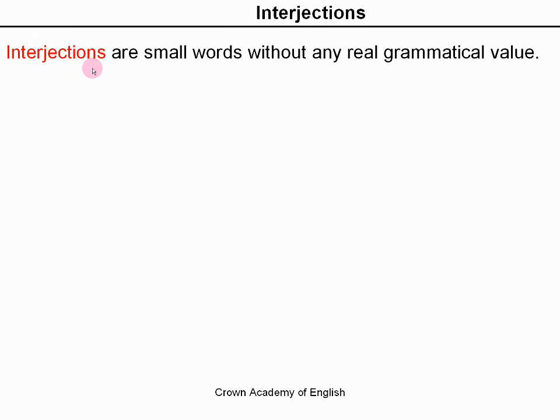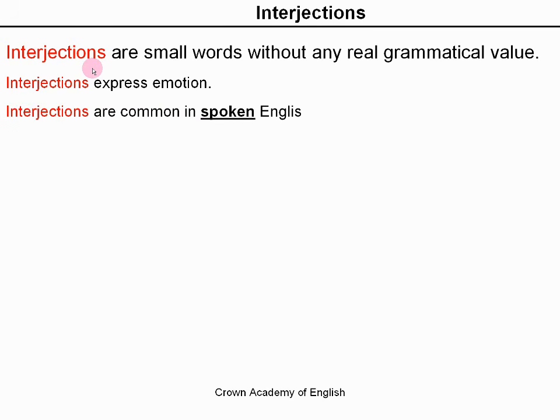They are sort of alone and by themselves a little bit. They usually express an emotion or some sort of an exclamation. And they are very common in spoken English. So be careful, we do not usually write these.